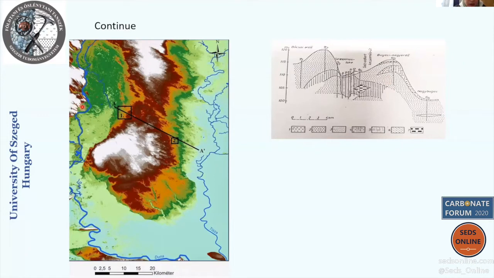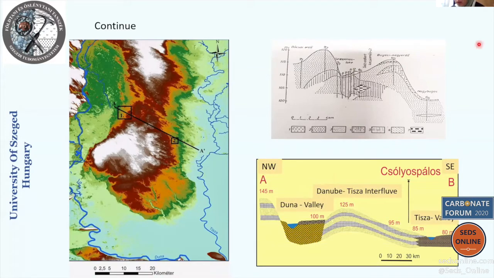We took a cross section of the interfluve area. The Danube valley is around 100 meters above sea level, and the Tisza valley is around 80 meters above sea level. So the groundwater flows toward the Tisza, and it carries magnesium ions during the journey. Szohos-Palosh, my study area, is located near the Tisza River.